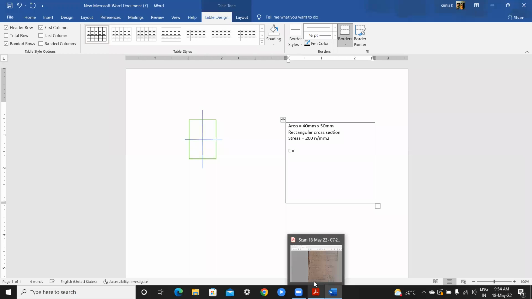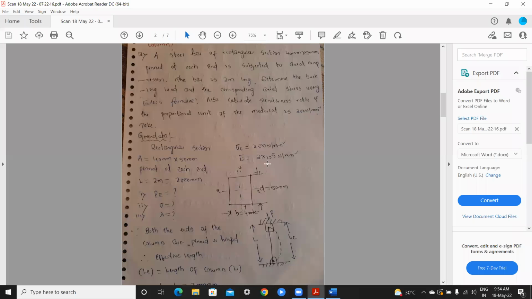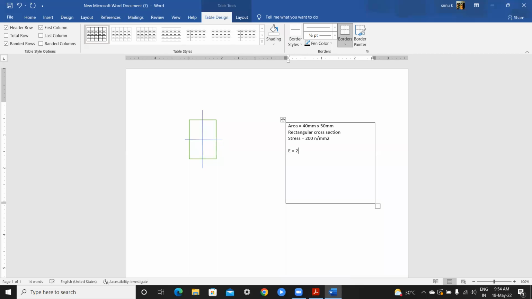How much did they give in the problem? Young's modulus is 2 into 10 to the power 5 Newton per mm square. This is the basic value for mild steel also.